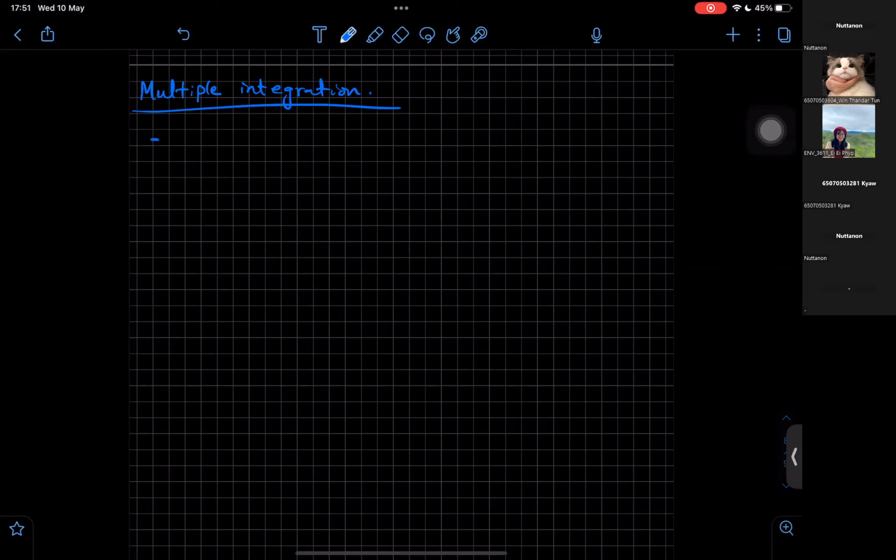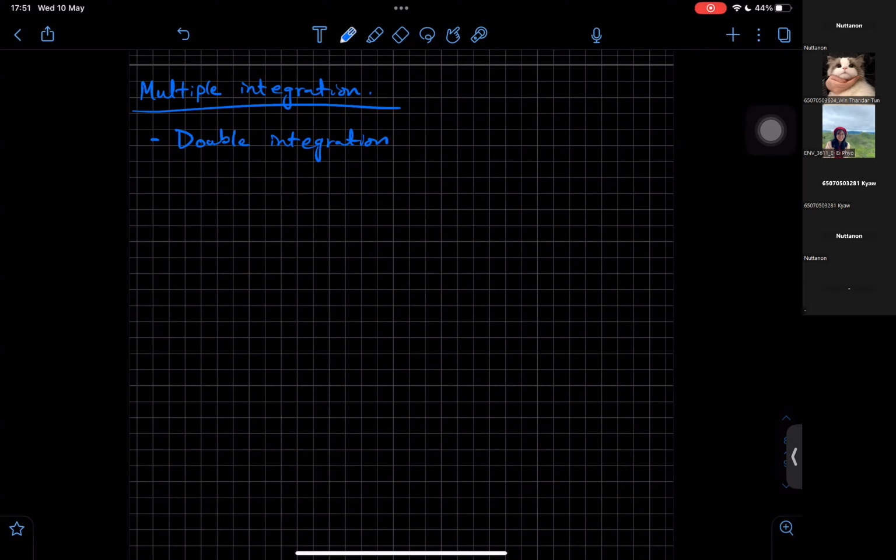Okay, so there will be double integration. In the double integration, what you're going to see is finding the area, something like that, right?